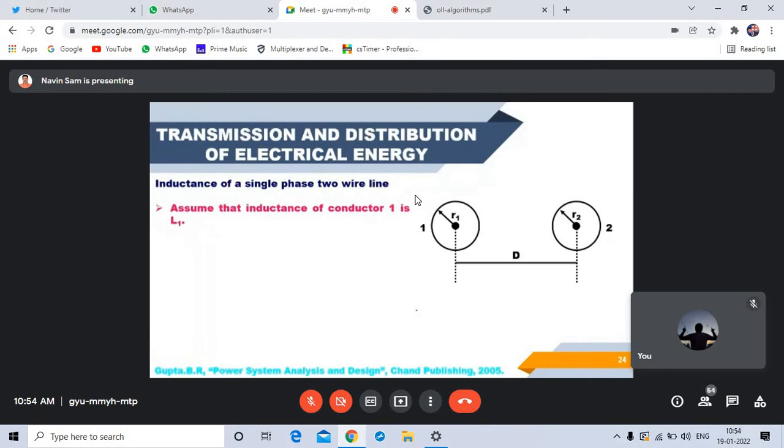So now L1 is the inductance of conductor 1. So this L1 comprises the inductance due to external magnetic flux as well as internal magnetic flux.